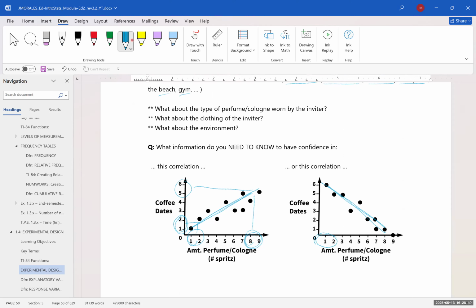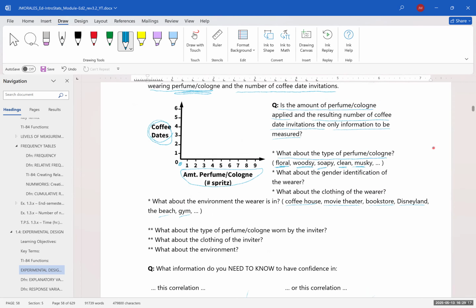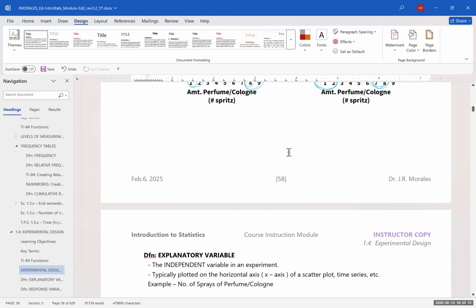If you wear little to no perfume or cologne, that's going to correlate to having a high number of coffee dates. Whereas if you just dump a bucket of perfume and cologne on you, okay, that results in having a lower number of coffee dates. Okay, but in order to be able to have some trust in this relationship and the data that you've collected, you really have to think about a lot of things ahead of time, in order to control for that.